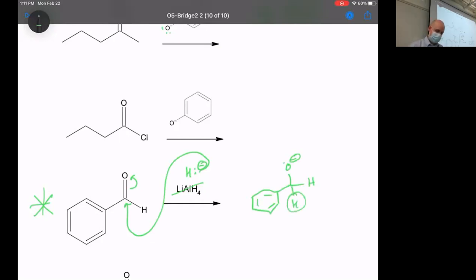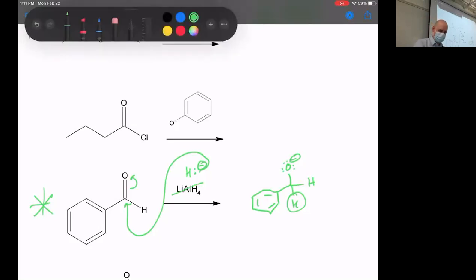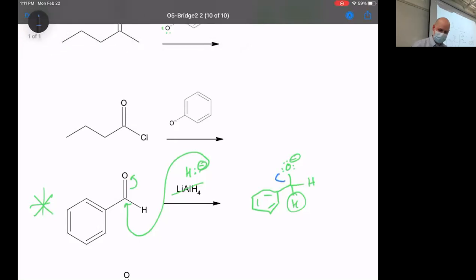So a lot of today is looking at that slingshot mechanism. Why don't these electrons come back down and kick something off? No, you got the right idea. There is a lot of H minus, but in some of the reactions we see today, this is what happened. Don't write this down, please. This is not happening.